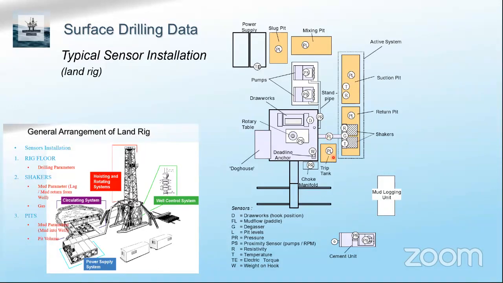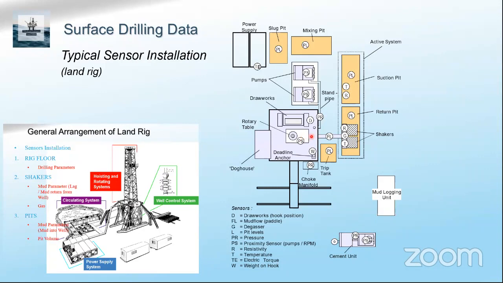Then the trip tank. What is a trip tank? While tripping in or out, this trip tank is used. Why? Because it is a smaller volume, the accuracy will be more. If you use the whole system, and there is a gain or loss of 0.5 barrel, it is very difficult to see, because so many tanks are there. So the whole reason for using a trip tank is that, mostly while tripping or during a flow check, the driller checks whether there is any decrease or increase in the level.